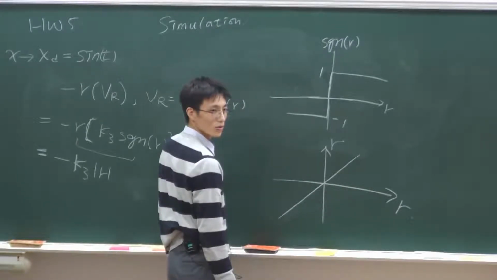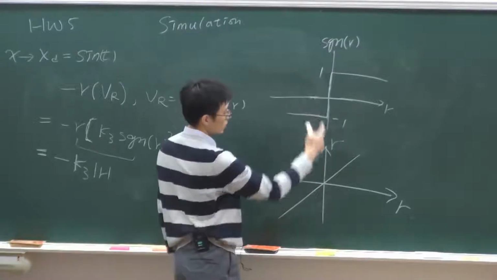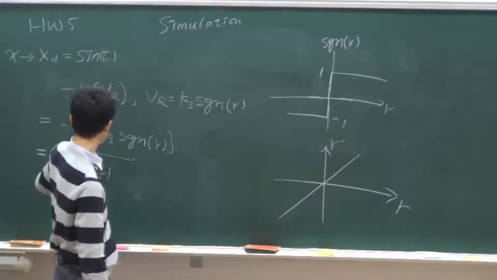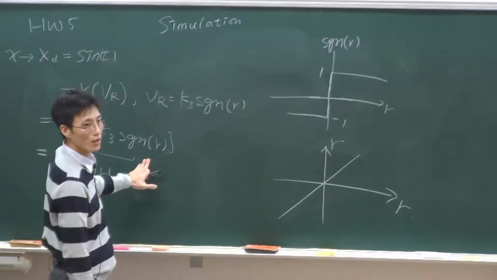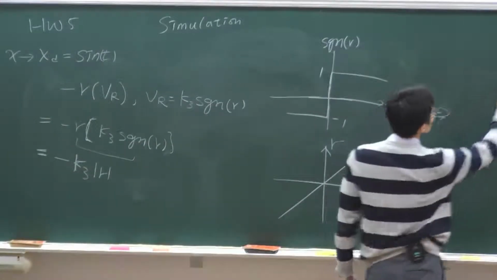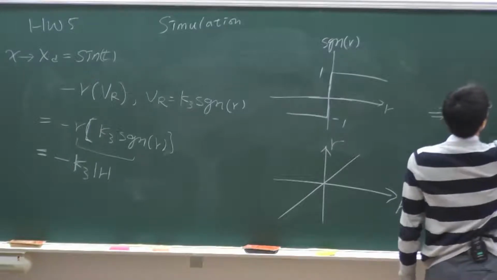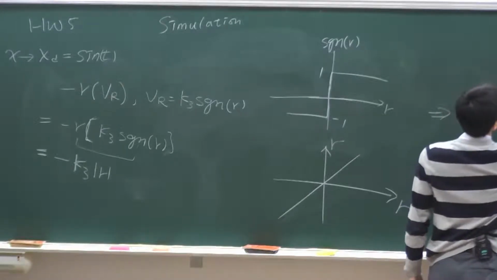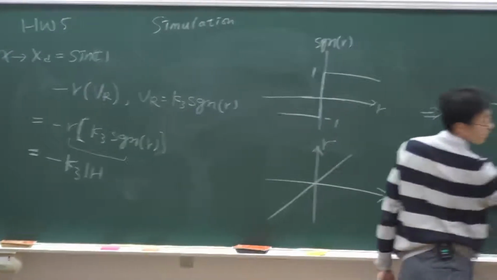Right? Any problems? Take the product because you want R times sine R. You take the product. And R, right?